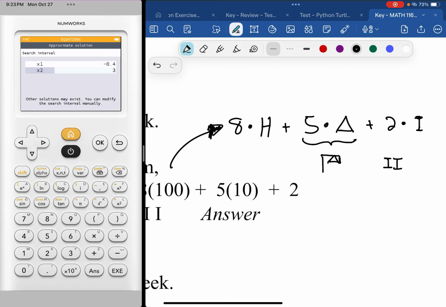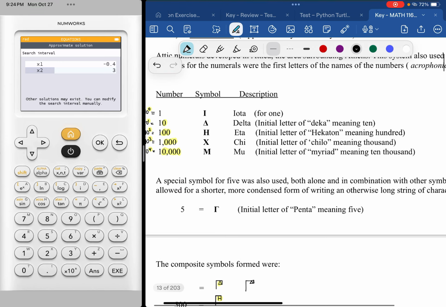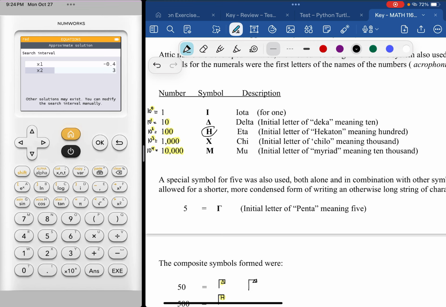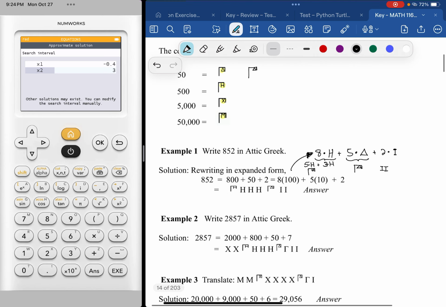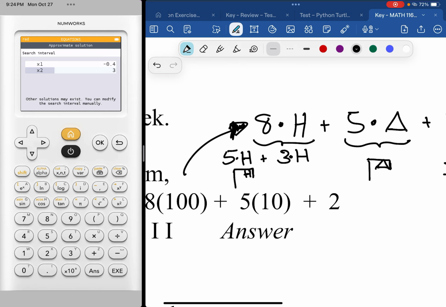All right, so if I look at this as saying 5 hundreds plus 3 hundreds, if I do a penta with an eta inside, all right, again, the eta is the H looking thing, then I would have 3 of those that can't really be regrouped, so 3 more etas.